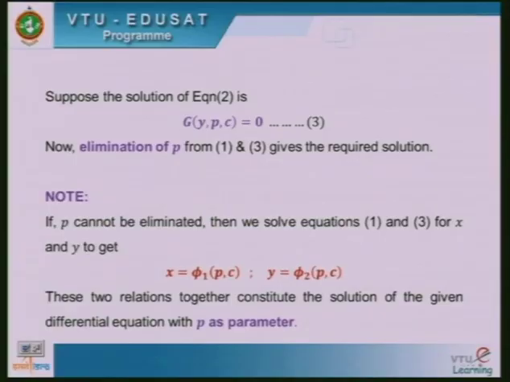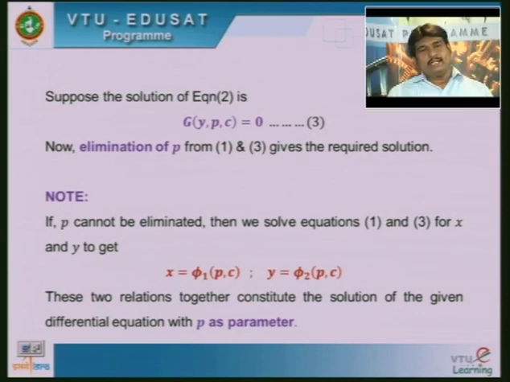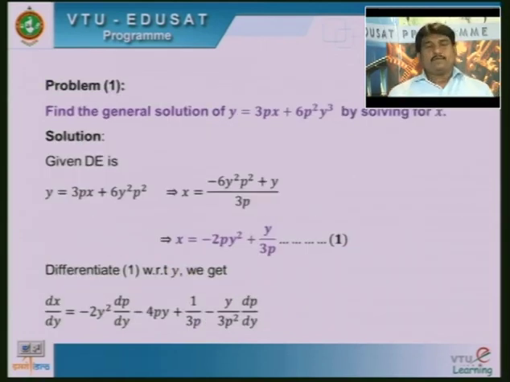Solve the differential equation to get the solution as g of y, p, c equals to 0, and eliminate p from that equation and from the given differential equation. In case elimination is not possible, you express x and y in terms of p and c, which together serve as the solution of the given differential equation with p as the parameter. Let me illustrate this.